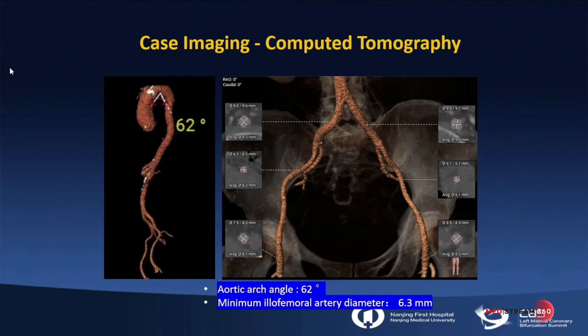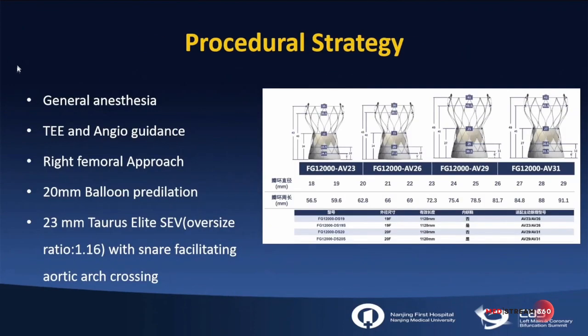In terms of the peripheral artery, you can see the iliofemoral artery diameter is 6.3 millimeters. It's not enough for us to use the femoral artery. Another important anatomic characteristic is the aortic arch angle. You can see only 62 degrees. It's quite small.